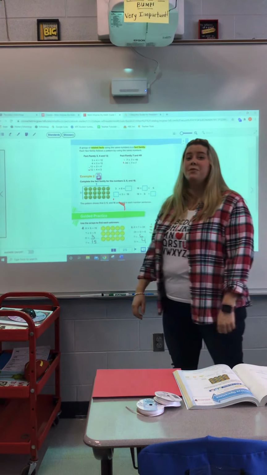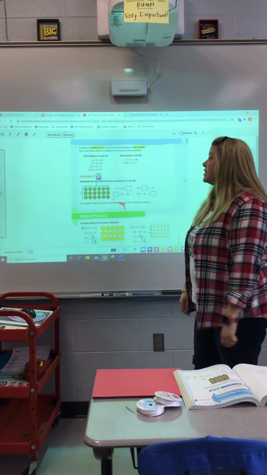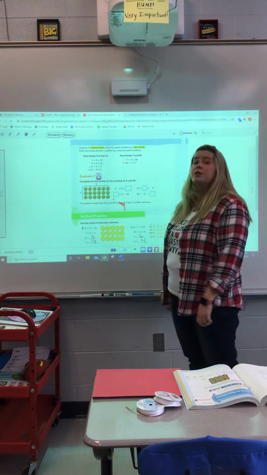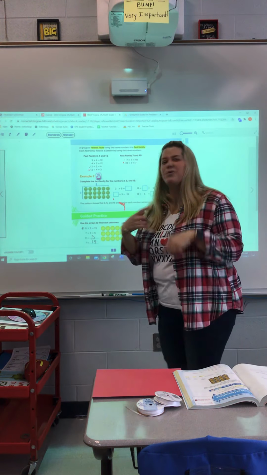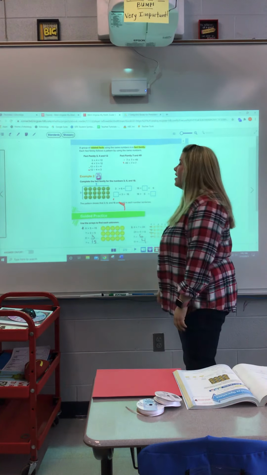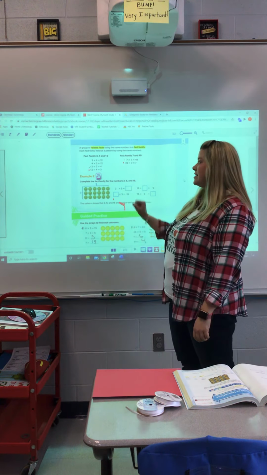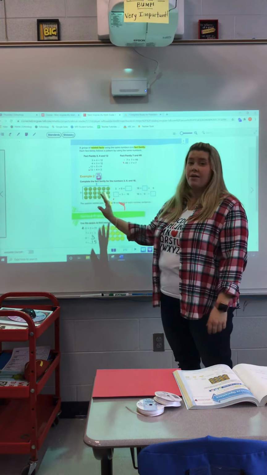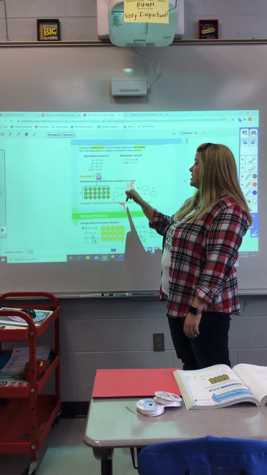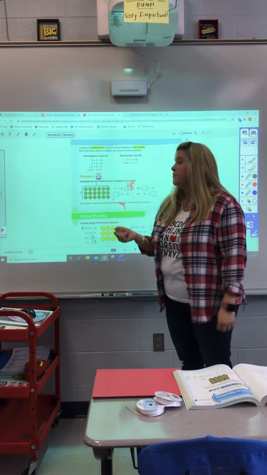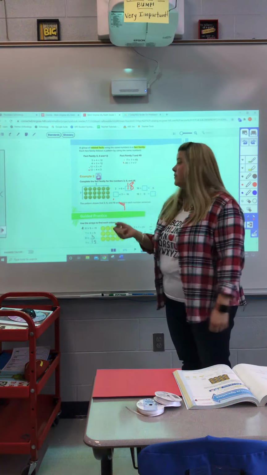All right, let's try example number 2. Complete the fact family for the numbers 3, 6, and 18. I didn't even realize we already did that, but we'll do it again for extra practice. All right, 3 times 6 equals, so I could count how many apples and I know it equals 18. Blank times 3 equals 18. So if I were to flip that array on its side, then I would have 6 times 3 equals 18.